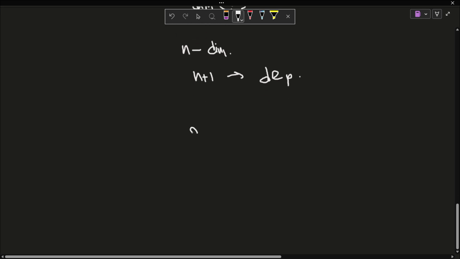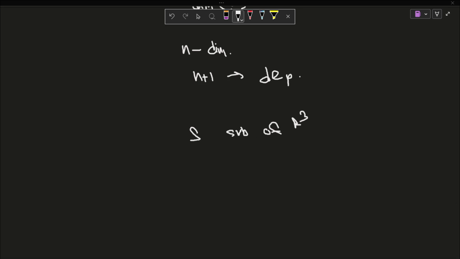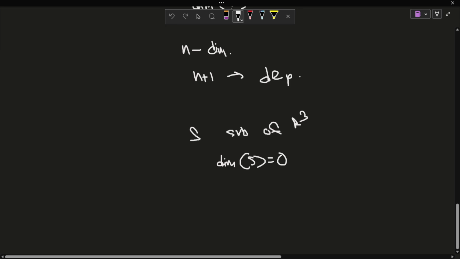So if we say that S is a subspace of R3, for example, well, if our dimension of S equals 0, what does this tell us? Well, then S is just going to contain the origin. So S is just the 0 vector.